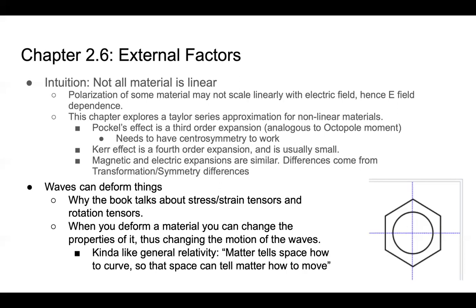It's kind of like general relativity in that if you have a planet, it'll curve space-time. So matter tells space how to curve, so space can tell matter how to move. So it's kind of like the electric field tells the material how to bend, so that the material can tell you how much it affects the D field, or something like that.